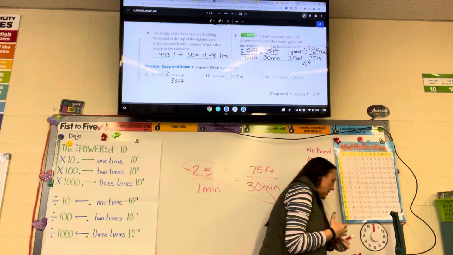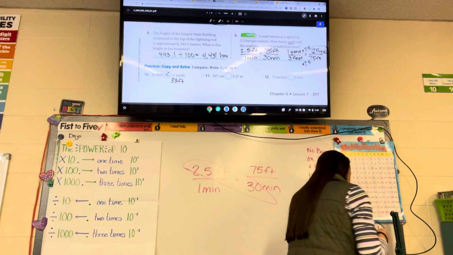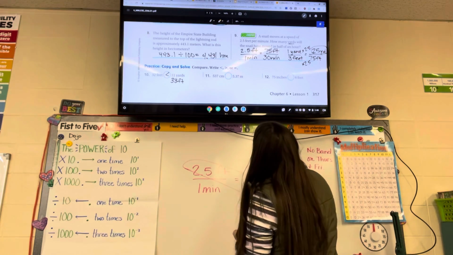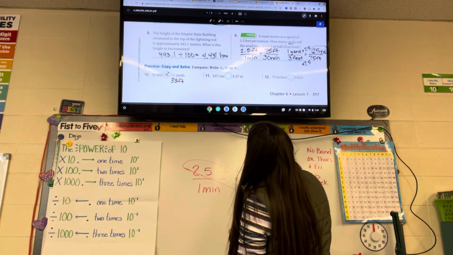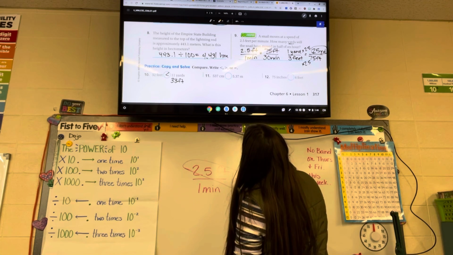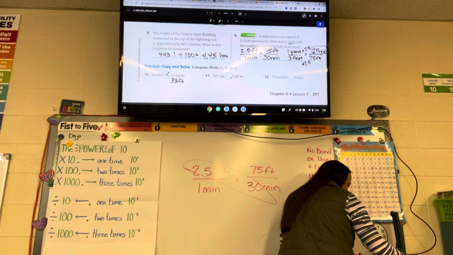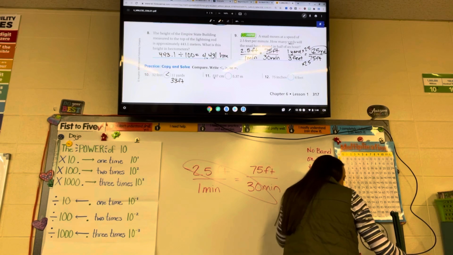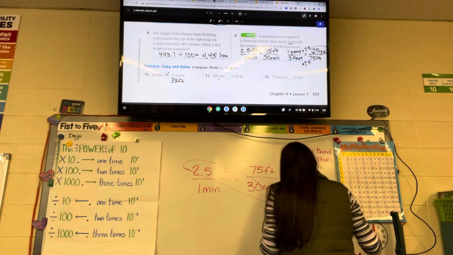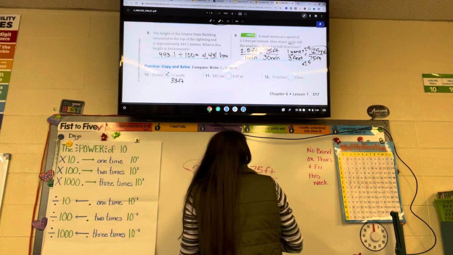Okay? To go from meters to centimeters, we have to divide, no, hang on, let me double check. So I want to take this centimeter and turn it into meters. That means we multiply or divide by 100.